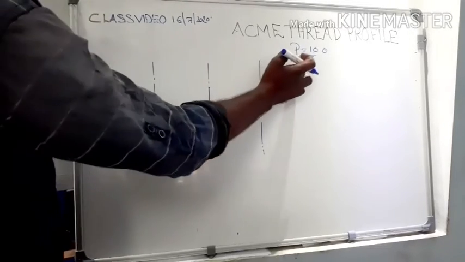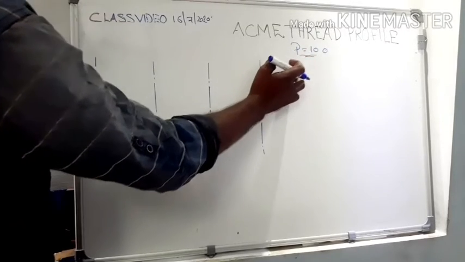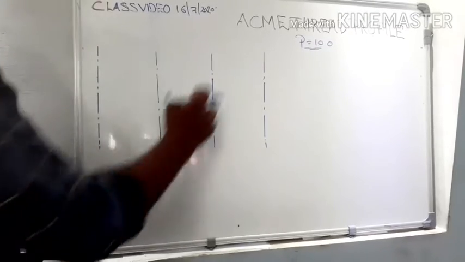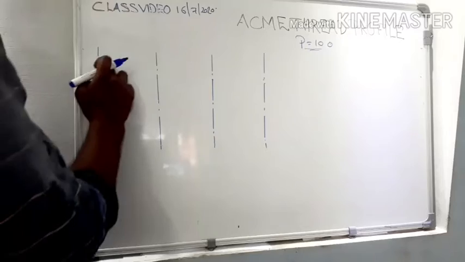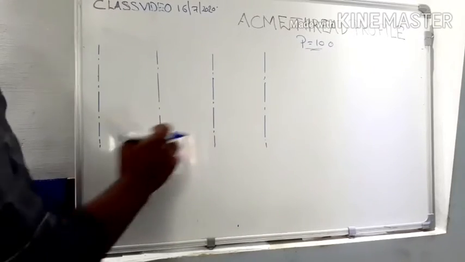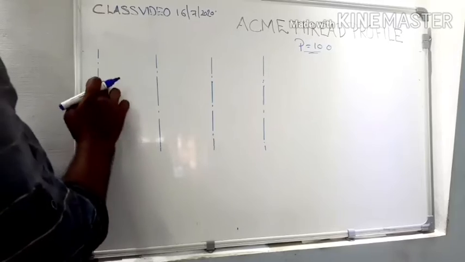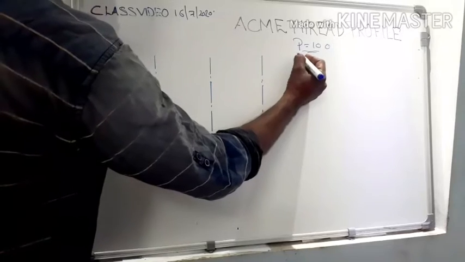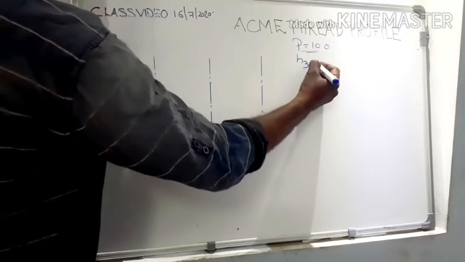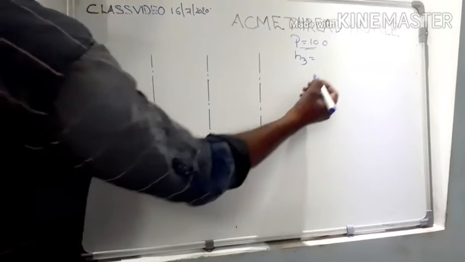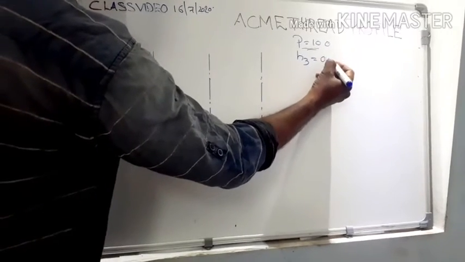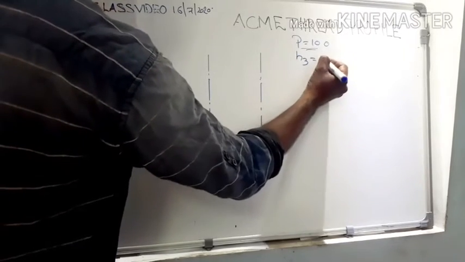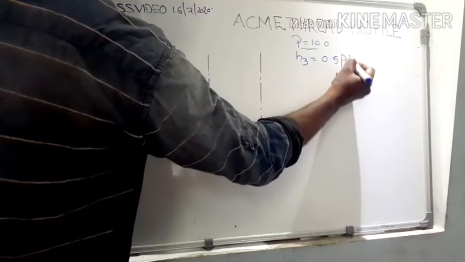Only one parameter is known, that is the pitch, 100 mm. Now I am marking vertical center lines here, keeping 100 mm distance using your scale or mini drafter. Now, what is the value of H3, the depth? We can use a formula: 0.5 pitch plus 0.25.